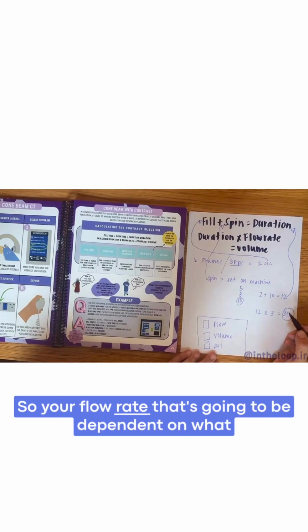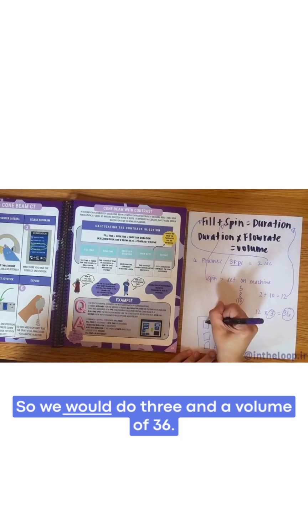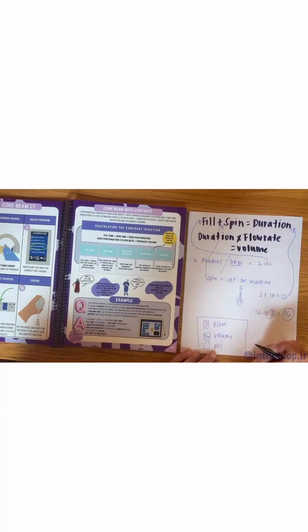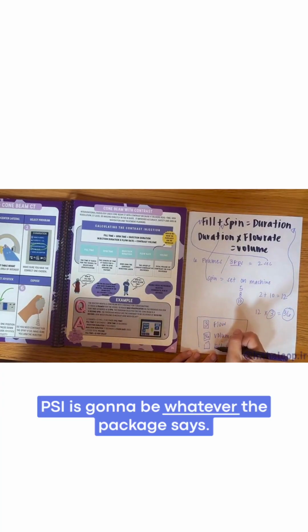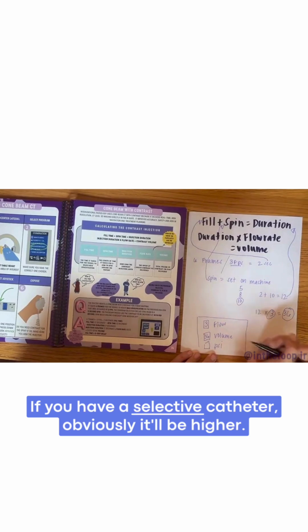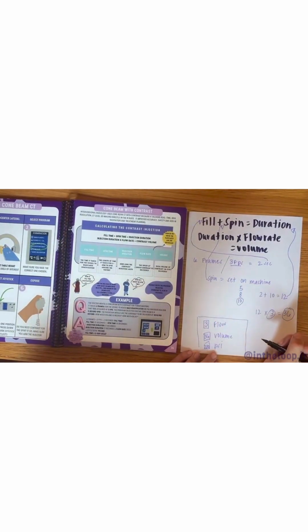Your flow rate is going to be dependent on what the doctor said. In this one, we said that they wanted 3, so we would do 3 and a volume of 36. PSI is going to be whatever the package says. If you're in a microcatheter, obviously that's going to be lower. If you have a selective catheter, obviously it'll be higher. Let's just say that was 700.